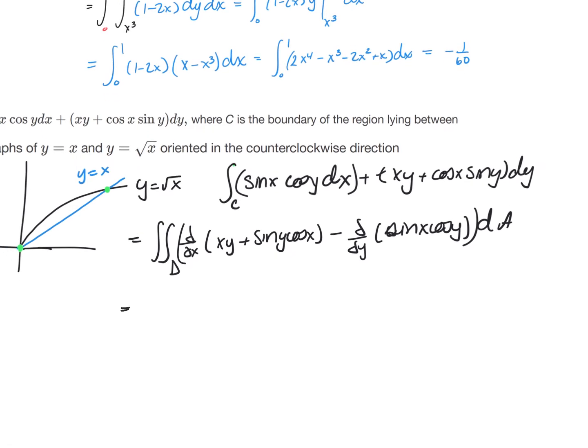Again, I'm not going to make the decision on which way I am going to do this integration, so I'm just going to leave it with the region D, and I'll make a decision in a moment.